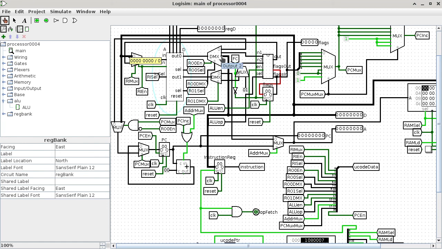So now the question is, is this demultiplexer even turned on? Because if this demultiplexer is not turned on, or if the select is not a 1-0, then it is irrelevant. Does that make sense? So now we have to go back to the question, and there are two questions here. Is RO0EN a 1, and is RO0DMX a 1-0 or 2?